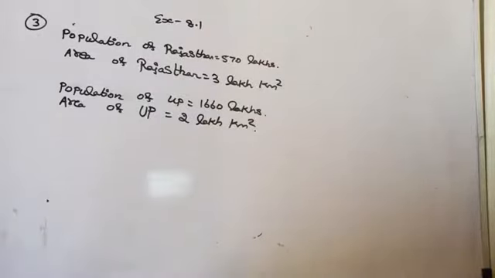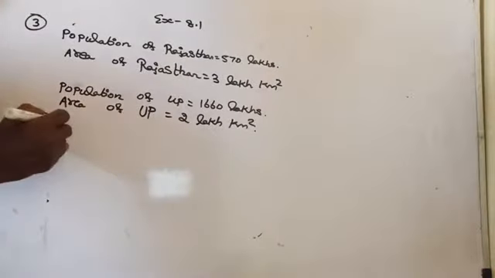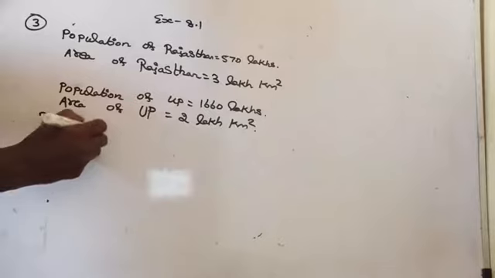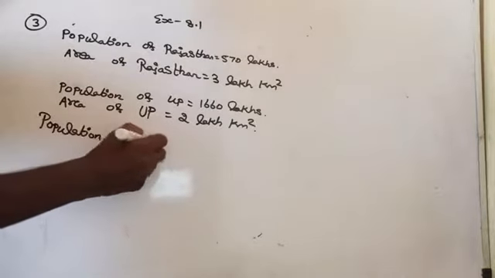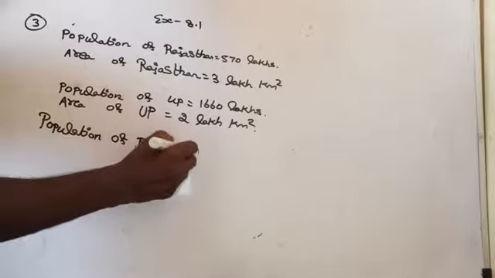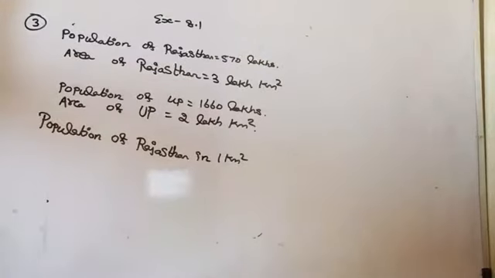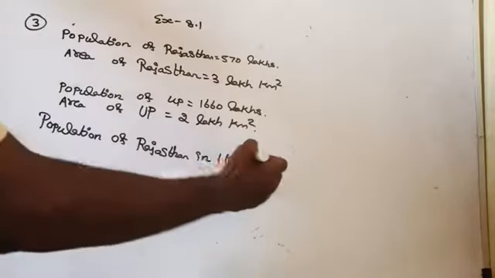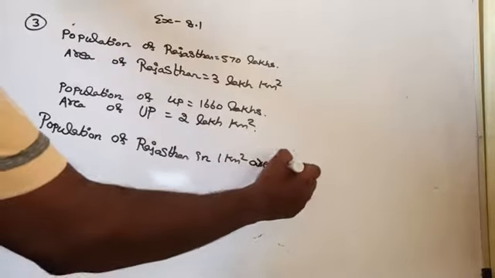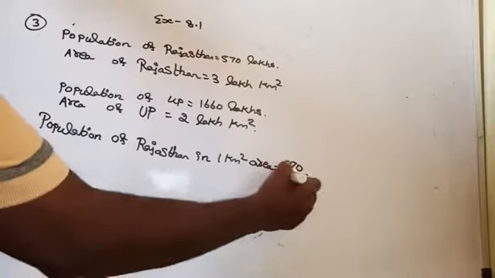So the population of Rajasthan in 1 kilometer square area is equal to 570 lakh by 3 lakh kilometer square.